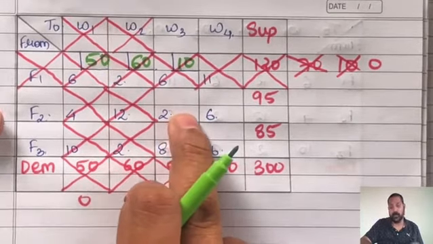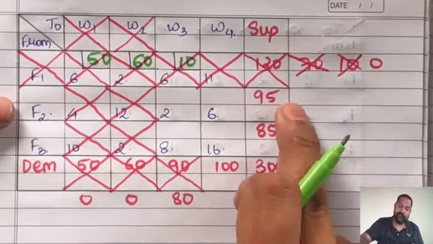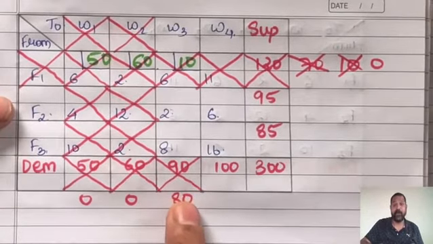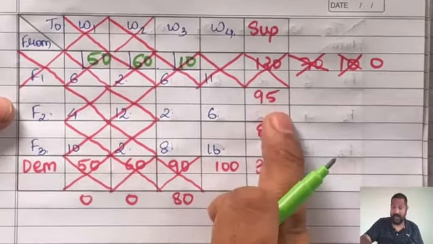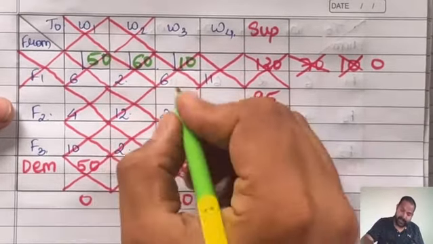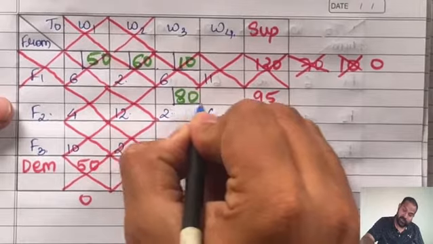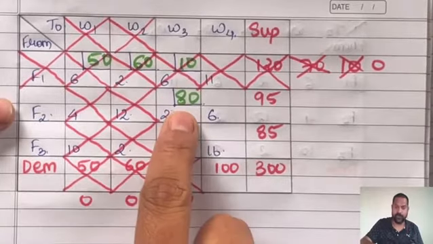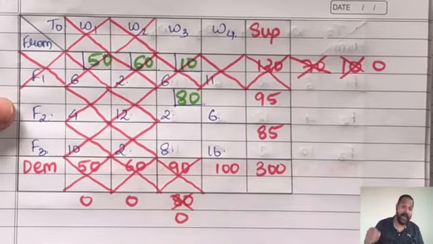F2 W3 at a cost of 2 rupees per unit. The transportation can be done. F2 can supply 95 units while W3 has a demand of 80 units. My demand is 80. If you have 95, I don't need 95. Fine. Take the 80 from me. I will figure out what to do about my extra units. So you decide to transport 80 units from F2 to W3, which means that W3's 80 demand has been met.